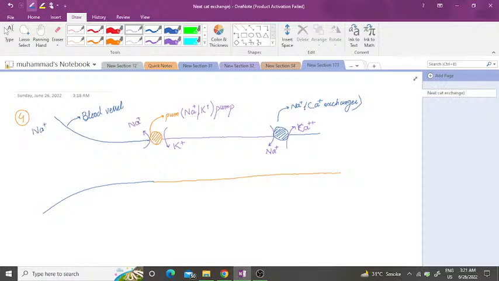When we use sodium in excess, or we can say use sodium for a longer period of time in excess amount, this is the main characteristic of sodium.